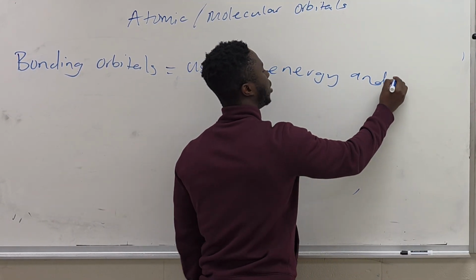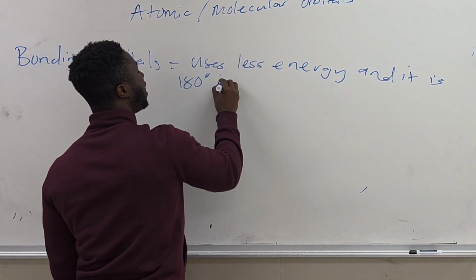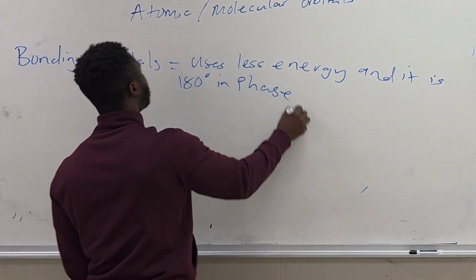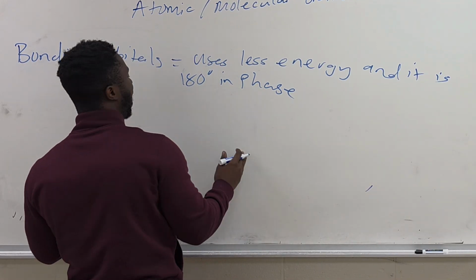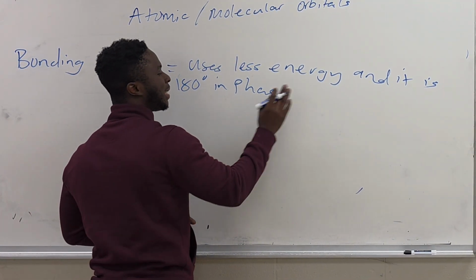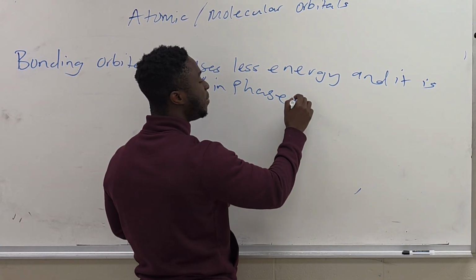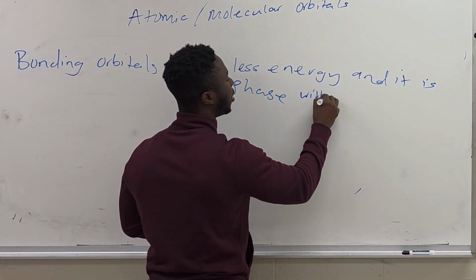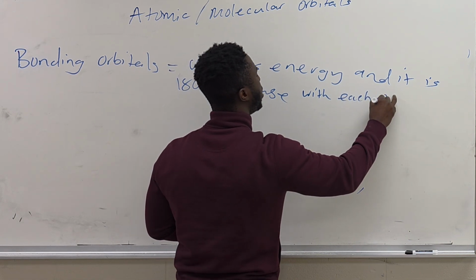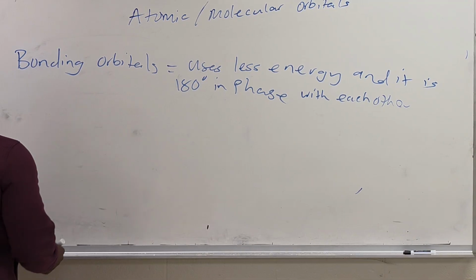And it is 180 degrees in phase. So the individual orbitals that are coming together to form a hybridized bonding orbital will use less energy, and those orbitals will be 180 degrees in phase with each other, right? And by so doing, they can synchronize and use less energy.